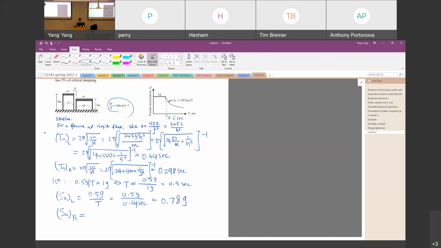I did 0.5 divided by... So we use the same equation here? No, we do not use it, because anytime you have the natural period smaller than 0.5 seconds, then it's constant. So in this case it's 1G.